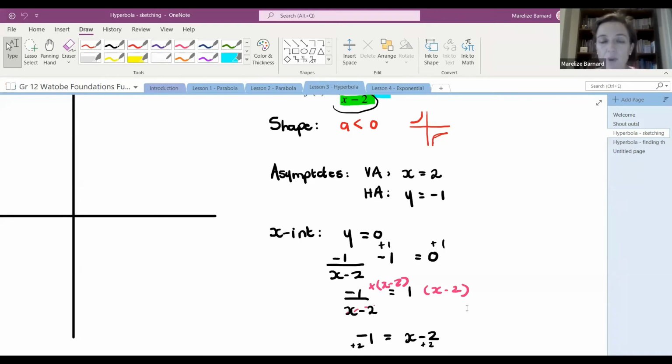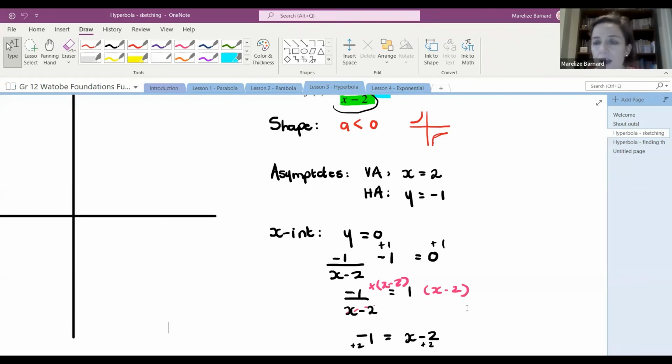A parabola has a turning point, so we do a turning point for the parabola. But hyperbola and exponential and straight line graphs do not have turning points. So we don't calculate turning points for those, but we do calculate other stuff like asymptotes. A parabola doesn't have asymptotes, so we don't calculate those for a parabola. But our hyperbola has asymptotes and an exponential graph has asymptotes.